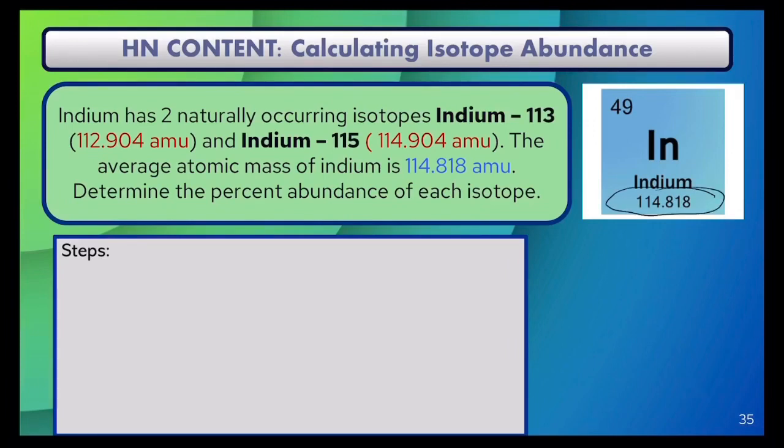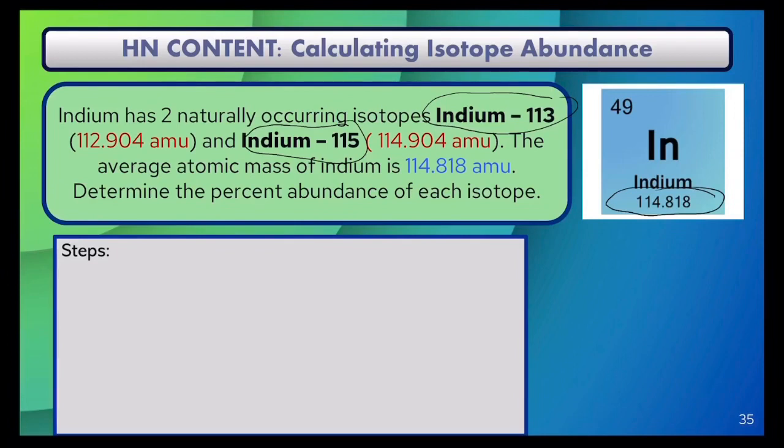So before we begin to solve this problem algebraically, let's see if you can predict which isotope will be present at a higher percentage in nature. The average calculation comes out to 114.818, and you're given two isotopes, indium-113 and indium-115.